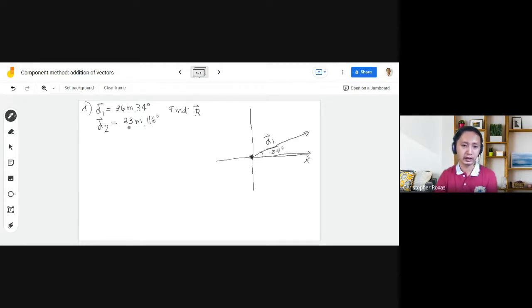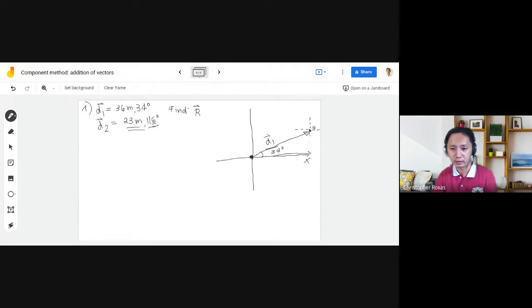How about D2? Here we start at the head of D1. You can draw an imaginary Cartesian plane, smaller. Then, since it is 116 degree, same thing. So, from the positive x axis, you will measure 116 degree using the protractor.